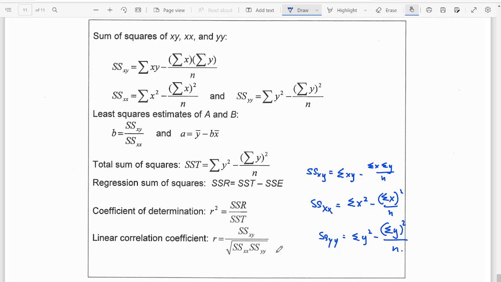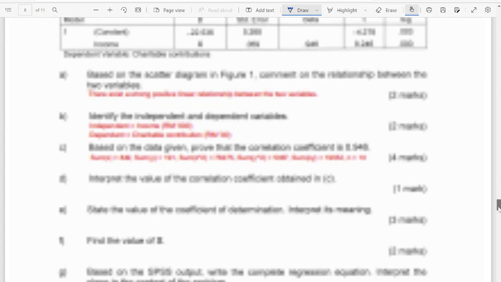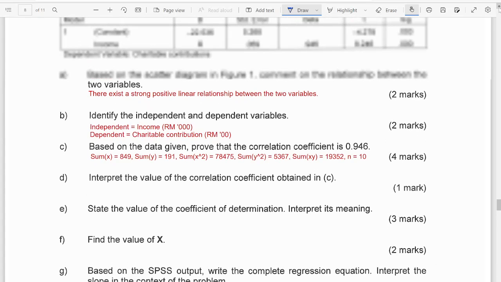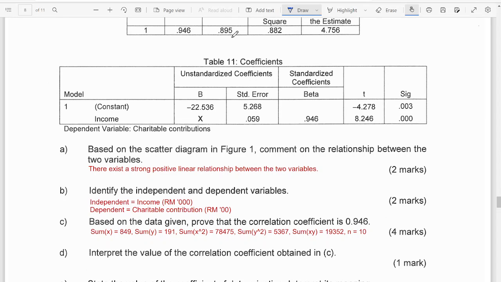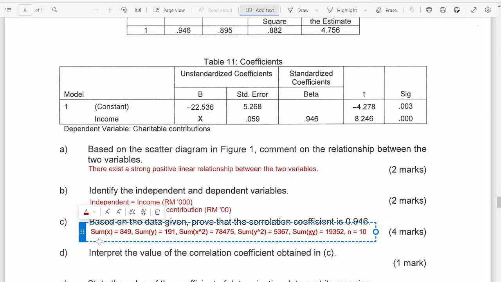Okay, so from the data that we have just now, you can calculate the value of the summation. Okay, for this one, you boleh dapatkan dia punya summation so you can calculate the summation. So SXX sama dengan apa? And then you can dapat juga SXY.